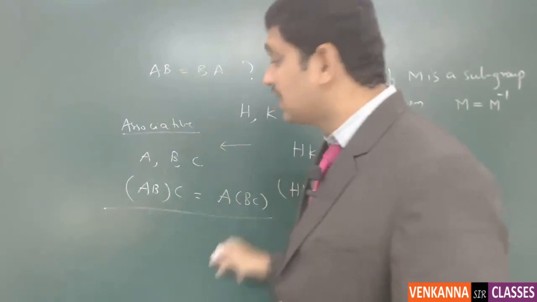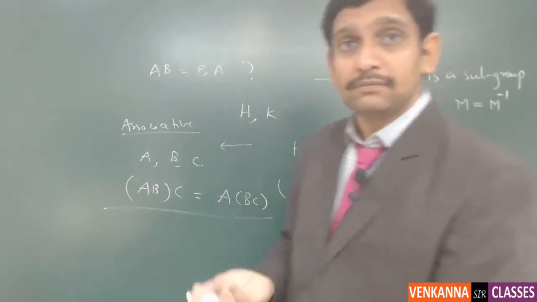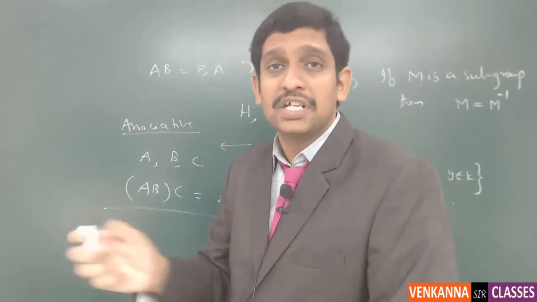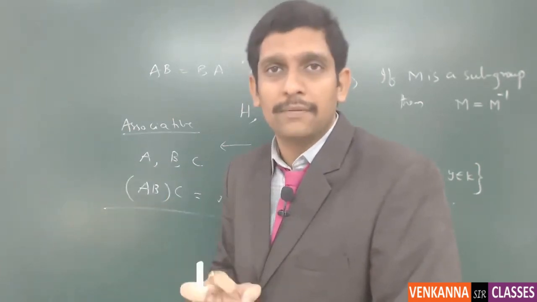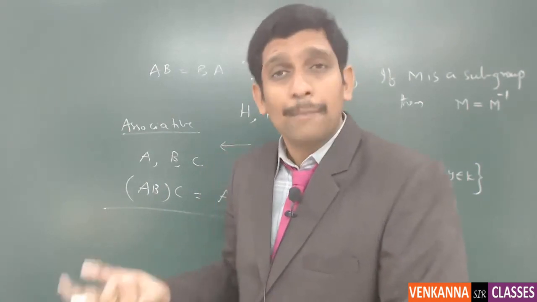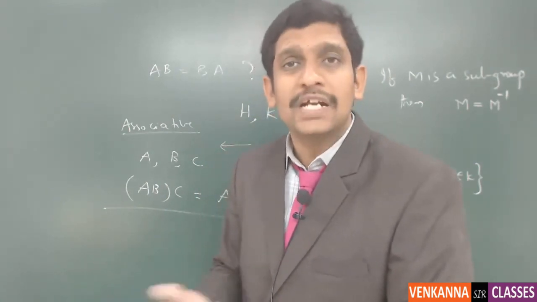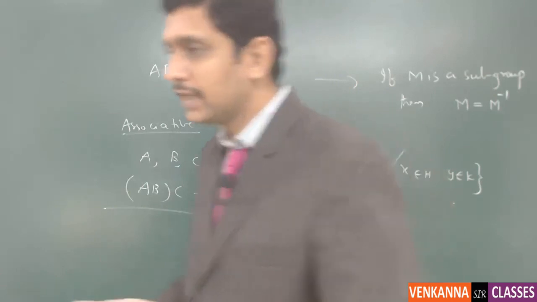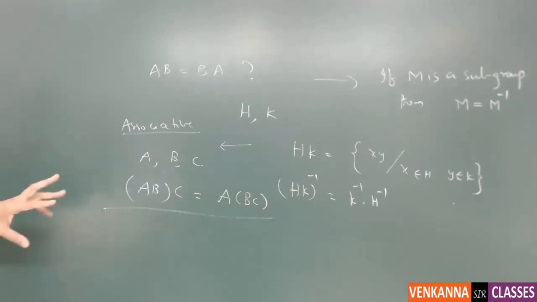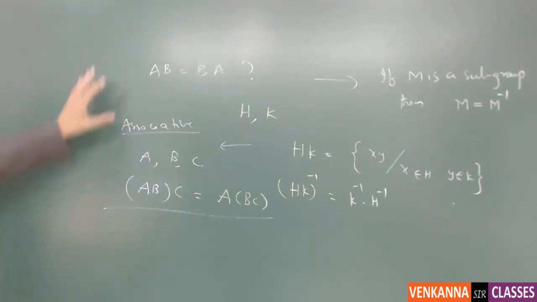But associativity is always correct, because functions F circle G circle H satisfy the associative property. Matrices also satisfy the associative property. You agree? That's it. So multiplication of subsets satisfies associativity. Commutativity depends upon the case.